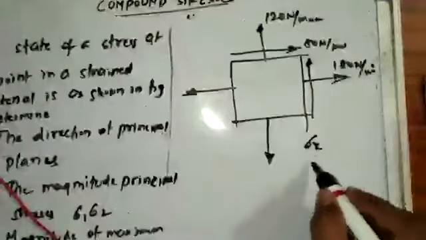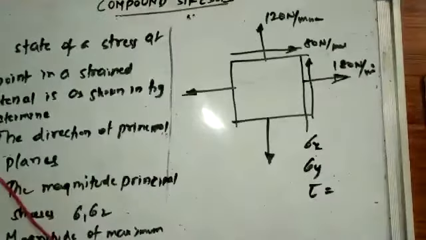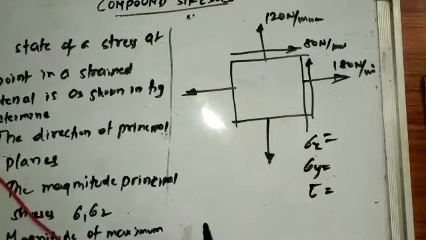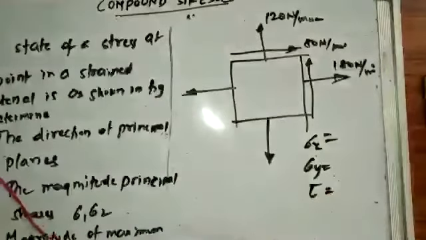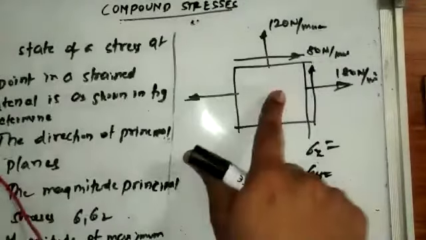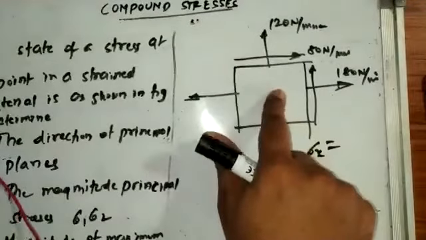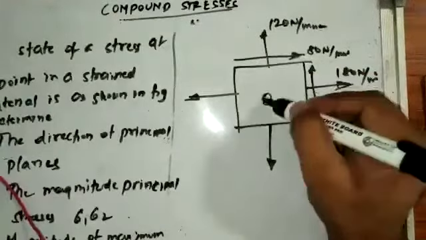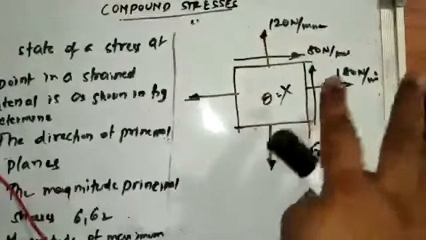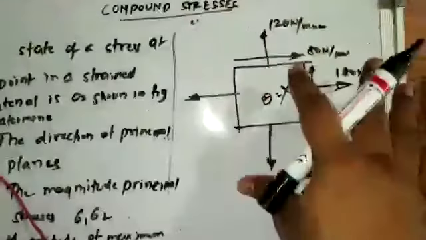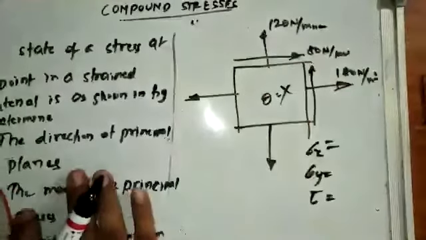So sigma x, sigma y, tau. We are not calculating normal and tangential stress here, so we don't need an oblique angle theta. There is no oblique plane now, because using these values you have to calculate the principal stresses.